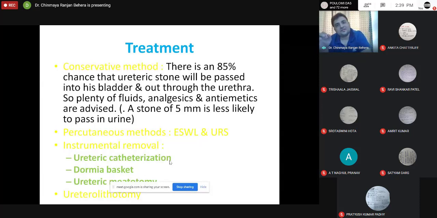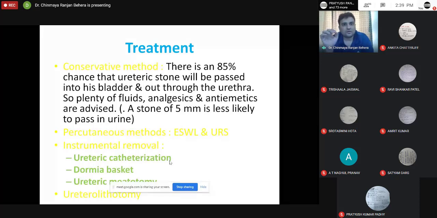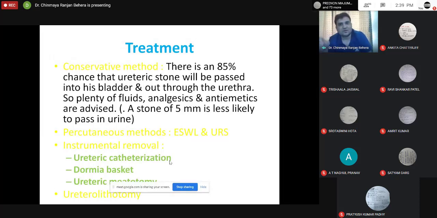What is the treatment? Most of the stones which are very small, that is less than 5 mm, will be treated conservatively with analgesics, fluids, antiemetics and anticolic drugs.